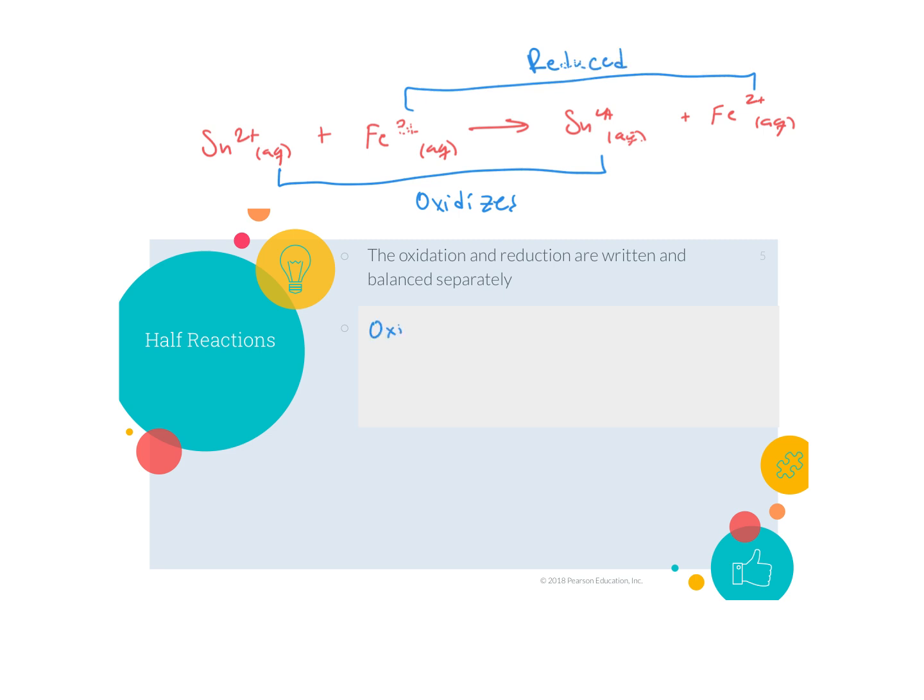So if we take the oxidation reaction, for example, oxidation means it's losing electrons, and so Sn2+ will react, essentially, to form Sn4+ plus 2 electrons, because it's lost those 2 electrons. For the reduction reaction, we have Fe3+ aqueous reacting with 1 electron in order to make Fe2+, right?